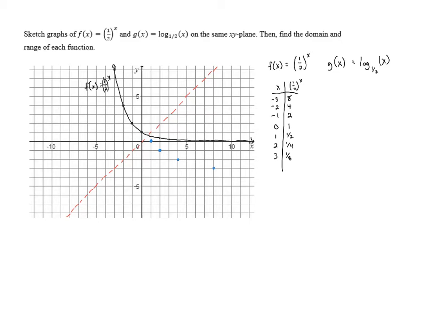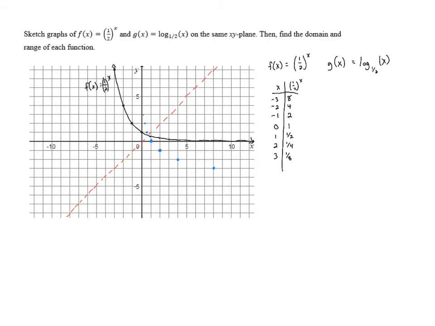And then if we look to these values to the right of the y-axis, we've got 1, 1/2, which becomes 1/2, 1. We've got 2, 1/4, which becomes 1/4, 2. And we've got 3, 1/8, which becomes 1/8, 3.